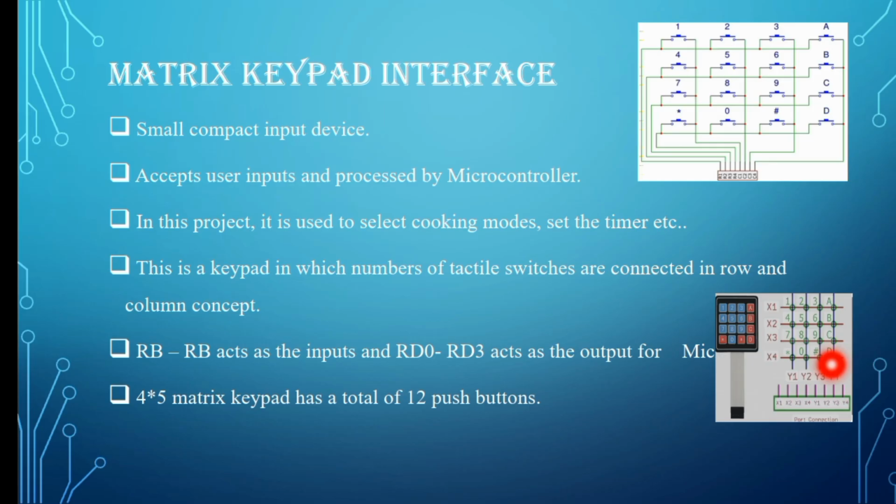Essentially, it's a way to read multiple button inputs using only a few connection wires, making it a compact and efficient design for appliance control panels. In the working part, when the button is pressed, it completes a circuit between a specific row and column, allowing the microcontroller within the microwave to identify which button was pressed based on the activated combination.